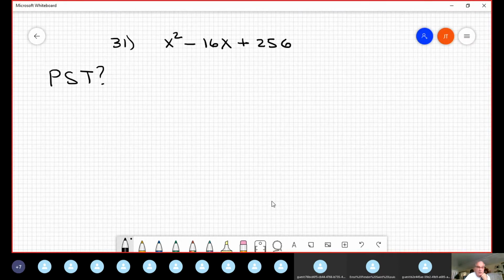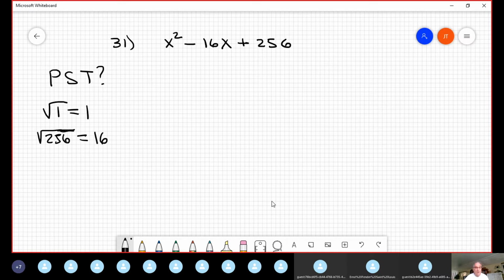Well, the square root of 1 is 1. And the square root of 256: help me, put it in the calculator. I got it, 16.